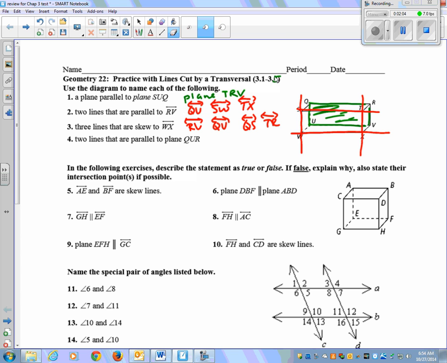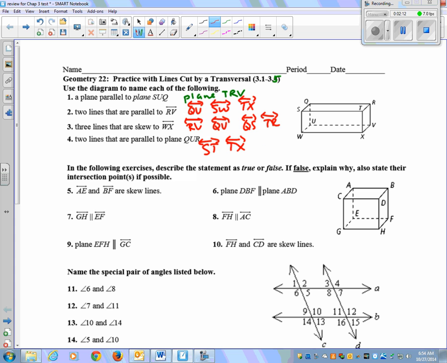So anything from this front, ST, TX, SW, WX, any of those.